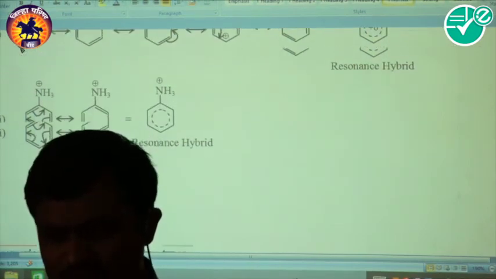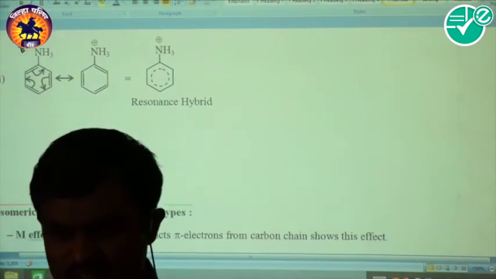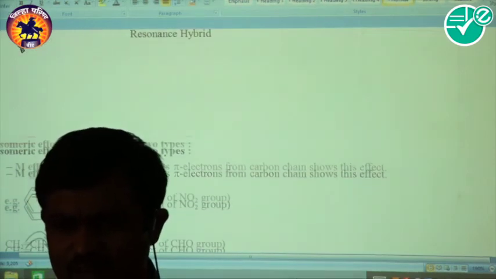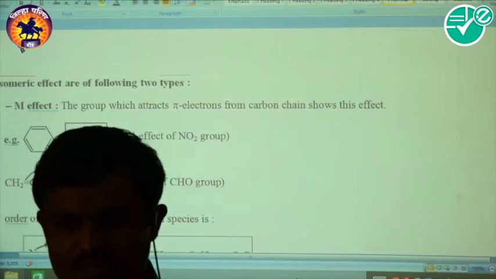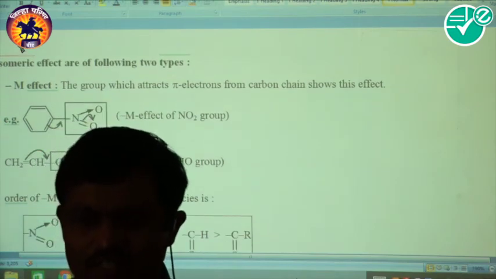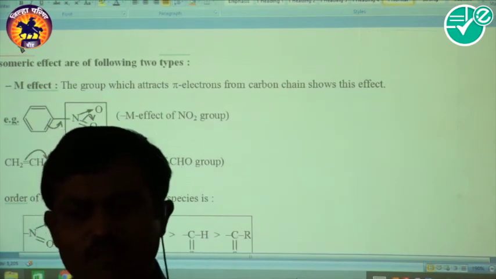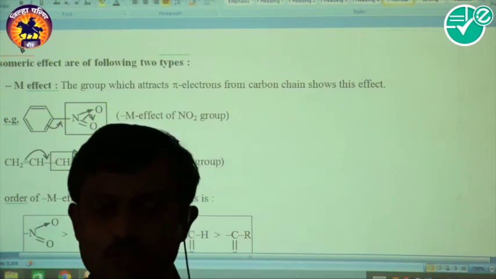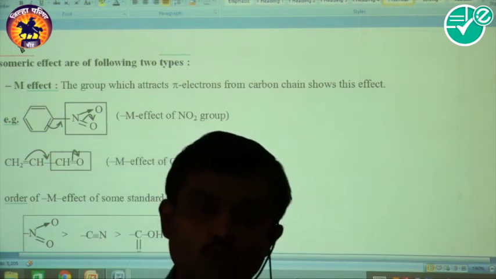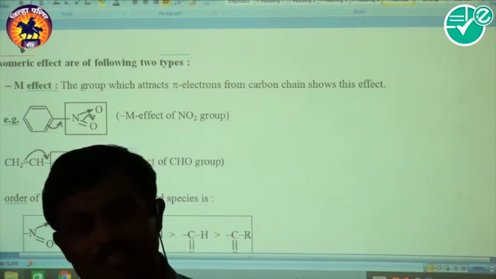So in this way, here we have the resonance hybrid, the negative mesomeric effect and the positive mesomeric effect. Look here, the negative mesomeric effect is observed due to an electron withdrawing group, just like NO2 or the carboxylic acid.